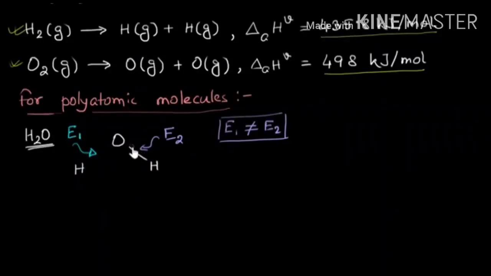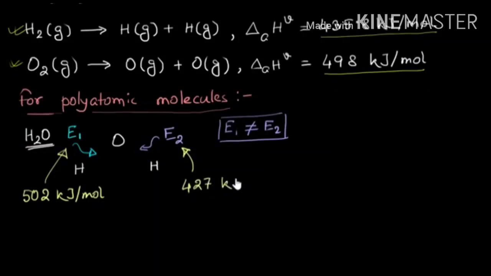E1 is equal to 502 kilojoule per mole, and the second energy is different. This is because after breaking one oxygen hydrogen bond, the influence of the other hydrogen is not there. Therefore, the second energy must be different from the first energy, and the second energy is 427 kilojoule per mole.